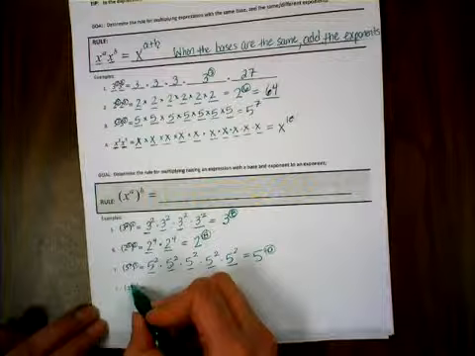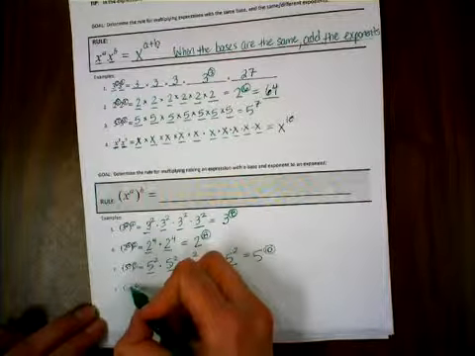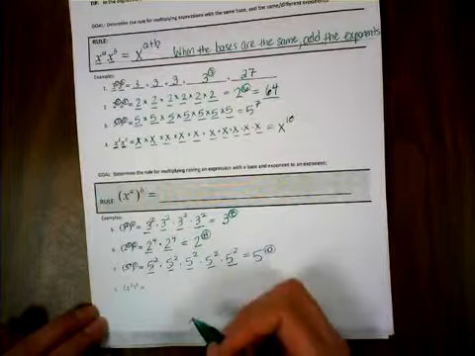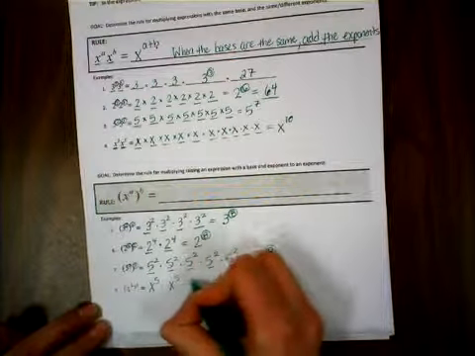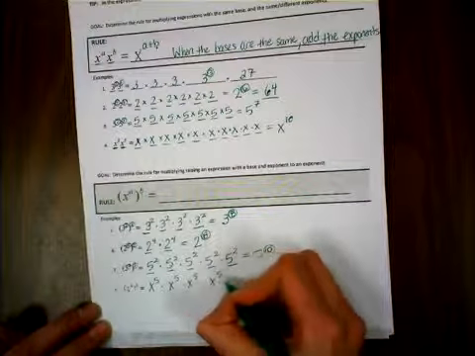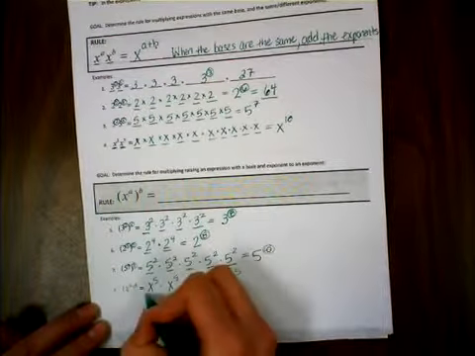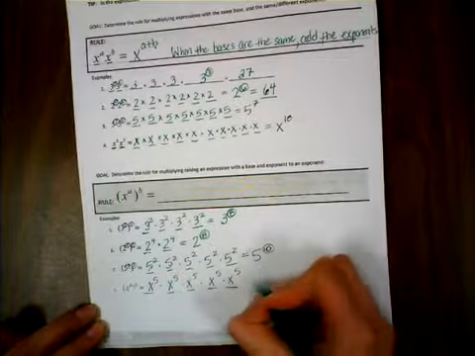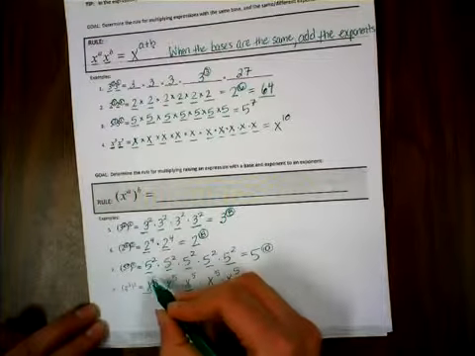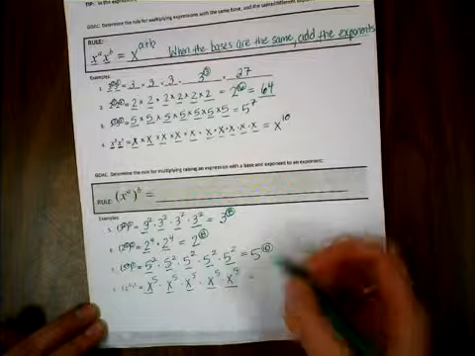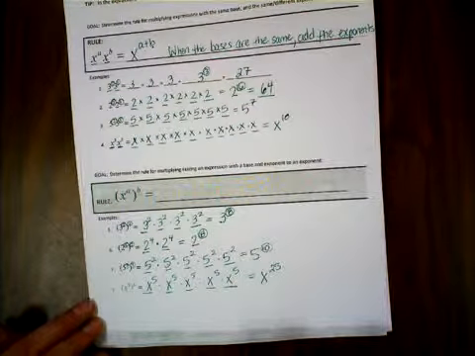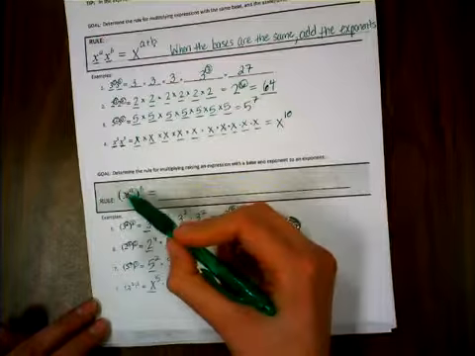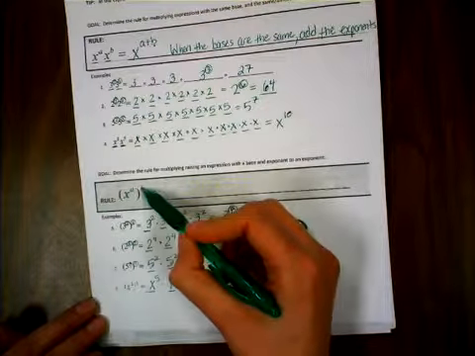So x to the 5th, all to the 5th power, should be x to the 5 times 5, or x to the 25, but I can always expand it out just to make sure. And my bases are the same, so I add the exponents, 5, 10, 15, 20, 25. X to the 25th. So the rule I can generalize is when I'm taking a power to a power, I can multiply these exponents.